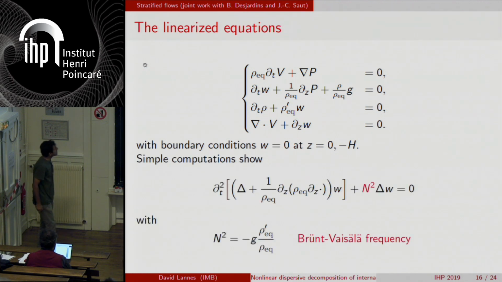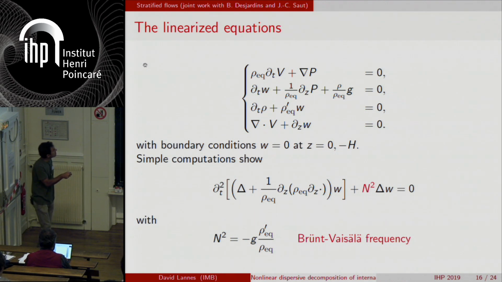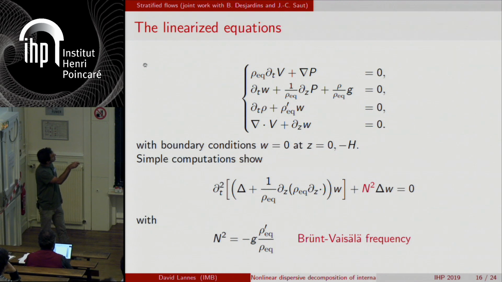Then, this is the question that many of you, I guess, know. You have a simple computation that can lead to this equation. You can replace the pressure here by a function of rho and w using this equation.